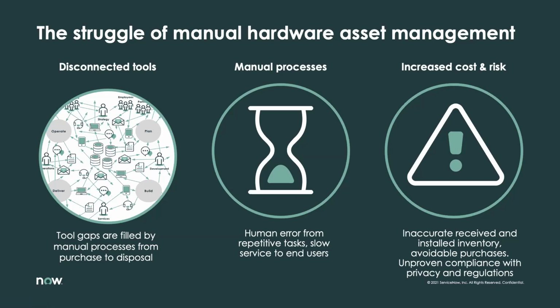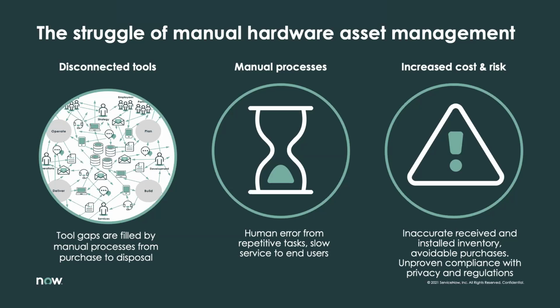So we see disconnected tools, manual processes, as well as increased cost and risk as a result, right? Any kind of tool gaps, especially for hardware asset management, as oftentimes the hardware asset management tool or process can reside out of the standard organizational processes.